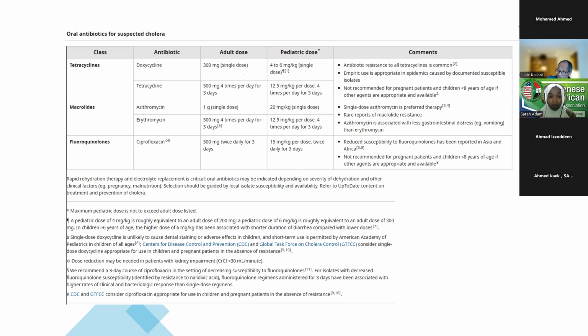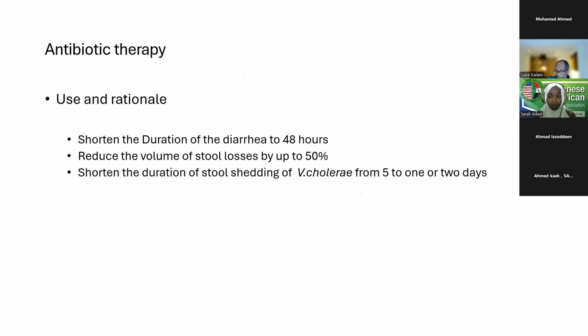Now, the difference between these is why doing the culture is important, even just for epidemiological surveillance and to know what kind of Vibrio cholerae is leading your outbreak, because it's a single dose, and the effect is not eradication of the infection. The effect is shortening the duration of diarrhea to 48 hours.